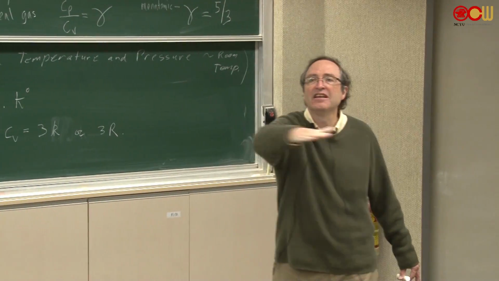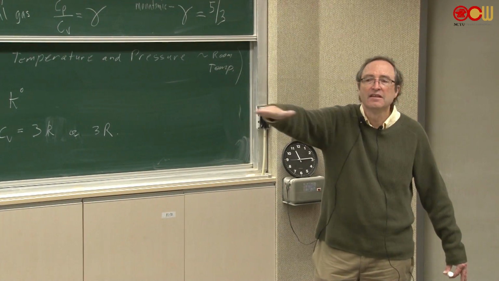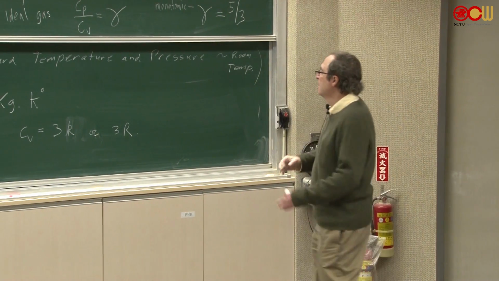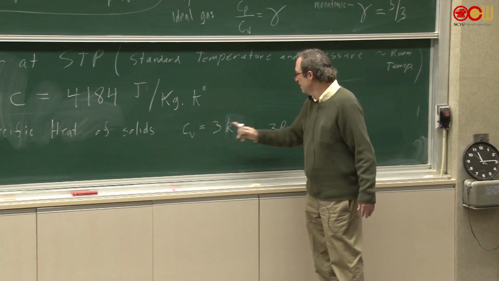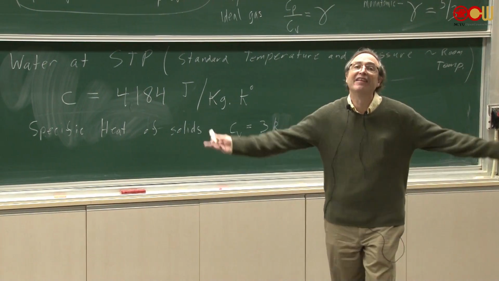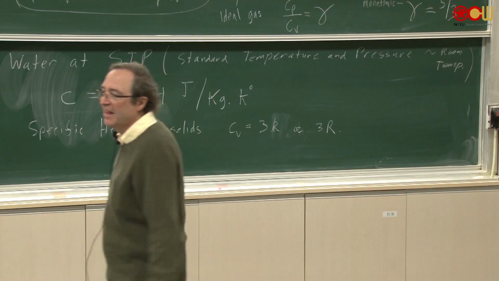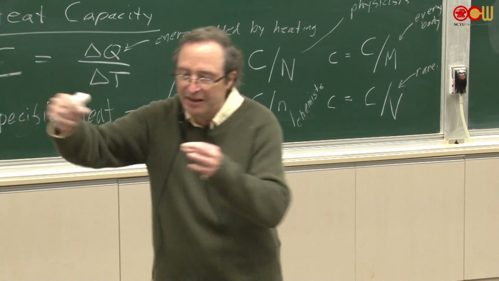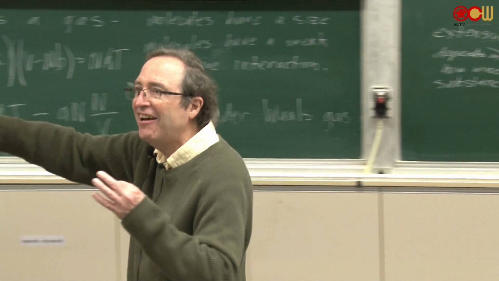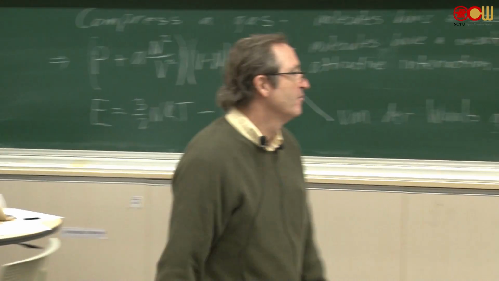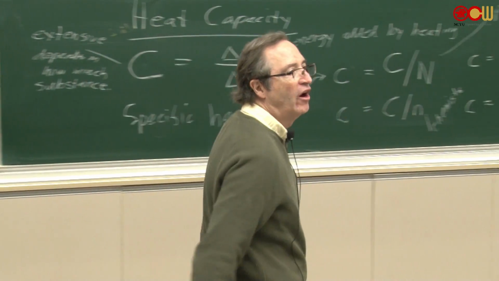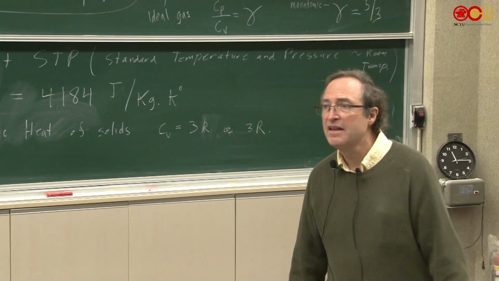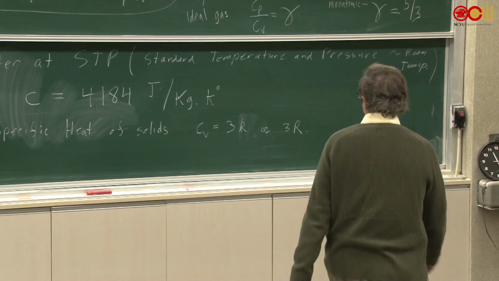If you had a solid in 2 dimensions, like a surface or a film that was solid, you would replace the 3 by, guess what, 2. And if you have a solid in 1 dimension, like a line, like a polymer that was solid-like, the specific heat would be 1R or 1K.